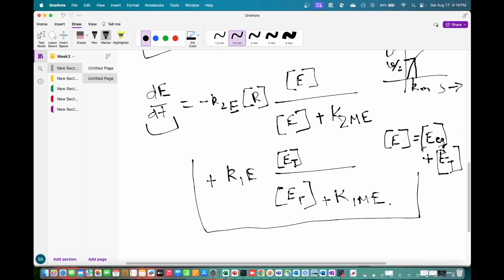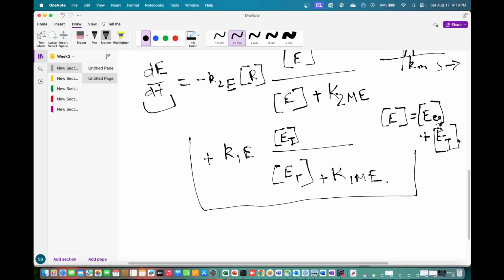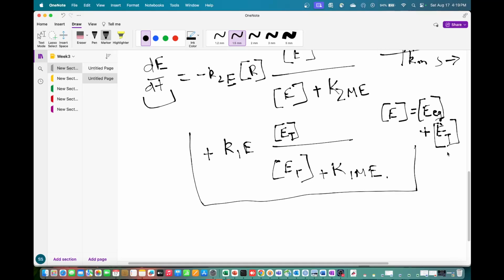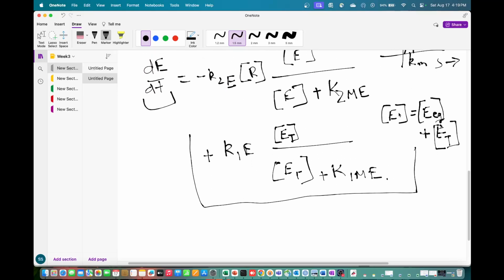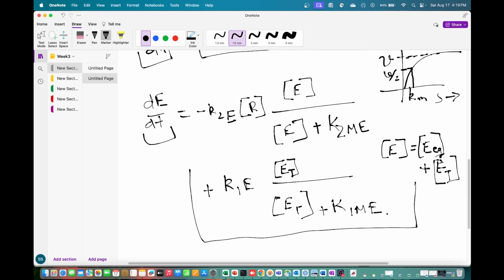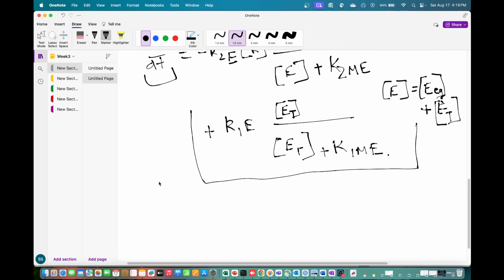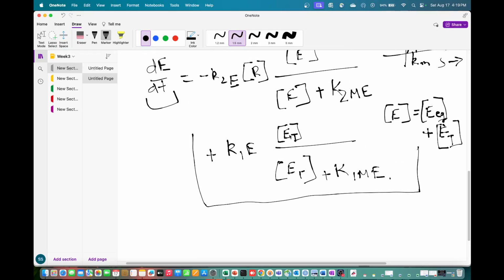This is the equilibrium concentration of E, and this is the concentration of E at time t, right? Now if you rearrange this, for ET you can substitute E minus EQ. I'm not doing it, it's just a substitution. You can substitute ET and ET here from this equation.